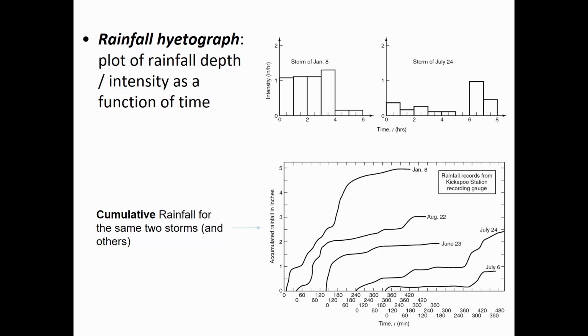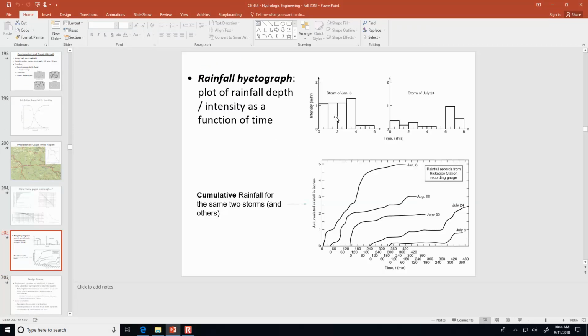And you can see both the absolute quantity of rainfall that occurred during a certain storm, but also, by how steep it is, what the intensity was at a certain duration. And they've staggered these storms just so that the lines aren't on top of each other, to kind of spread out the data.